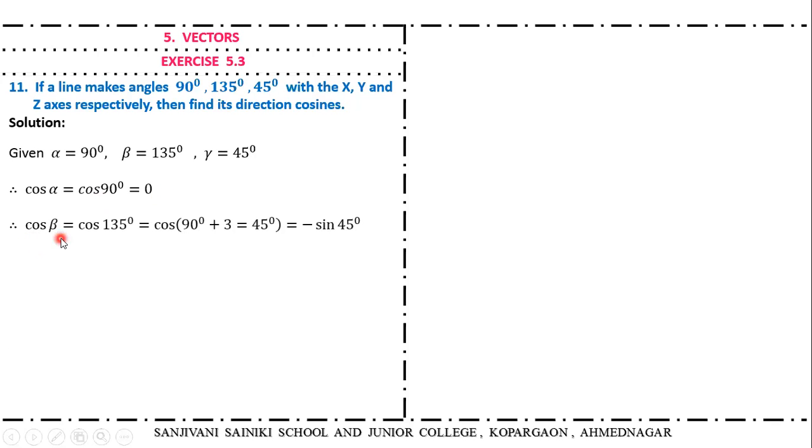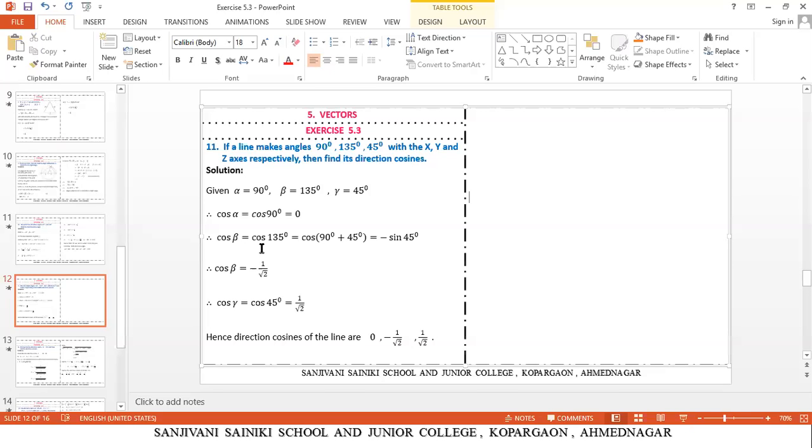Similarly, cos beta is equal to cos 135, which is equal to cos of 90 plus 45. And cos of 90 plus theta, we know that it is minus sin theta. So minus sin 45.